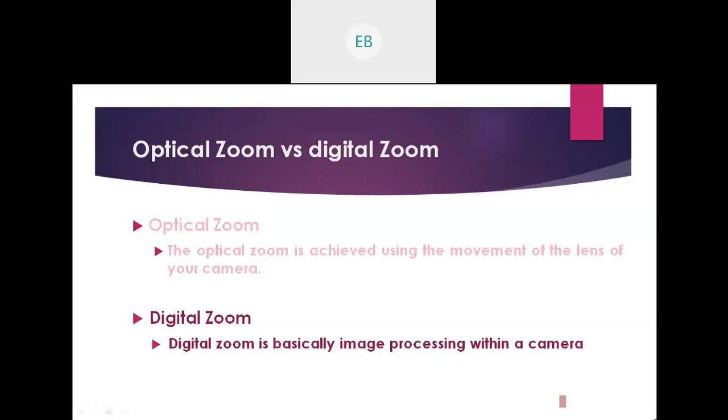A lot of noise was present in the image. So when you zoom an image using digital zoom, the picture gets expanded, but the quality deteriorates. So this was about the types of zoom, optical zoom and digital zoom.